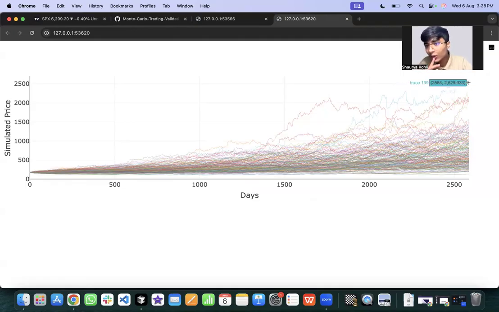One path can lead to about $2,520, and one can also lead us to a negative return of 187, which is lower than the initial price we started from. So this gives us an overview of what the share price could be in the future, and this is how we try to predict it.